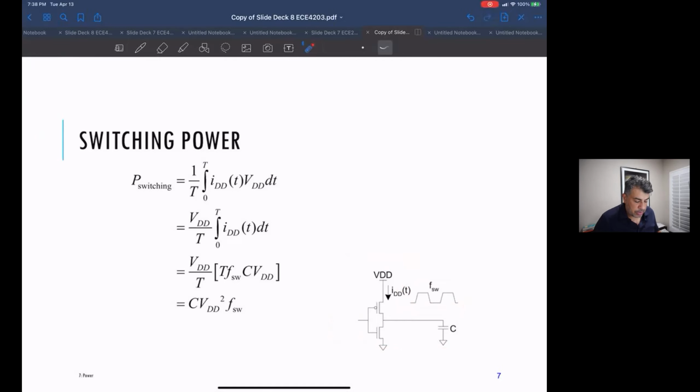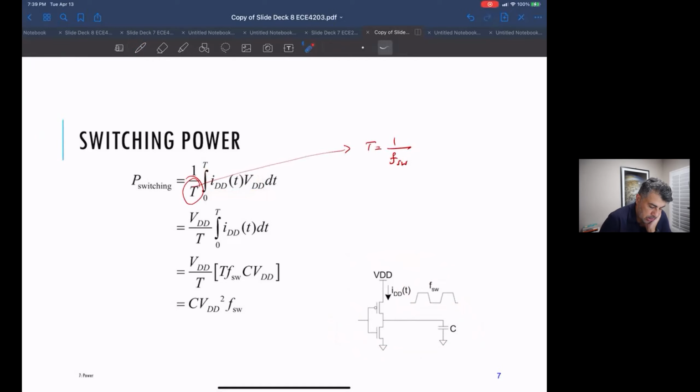So basically we look at the instantaneous power, and we integrate it over the period. This T is equal to 1 over F, the switching frequency.